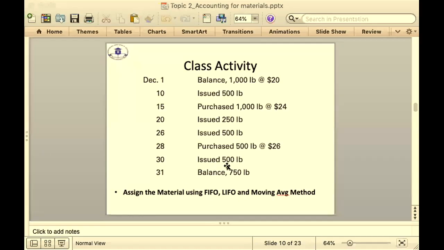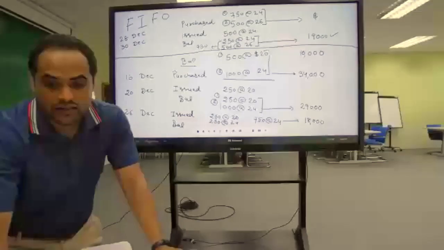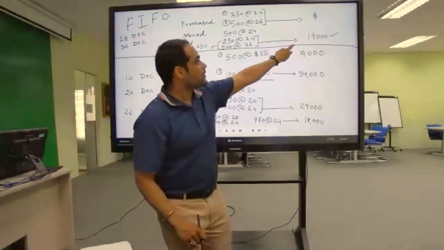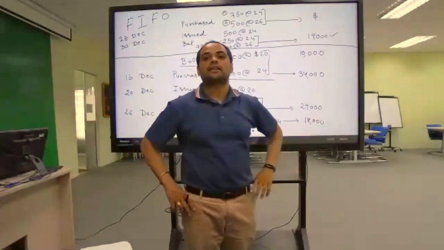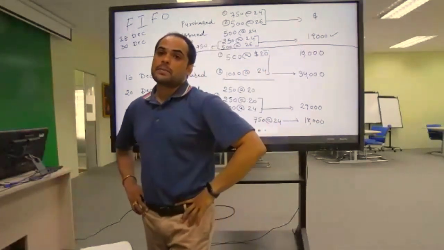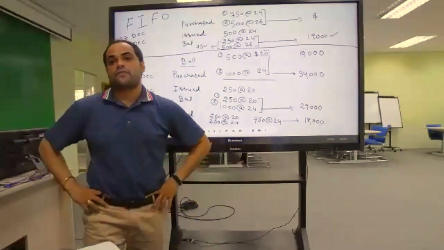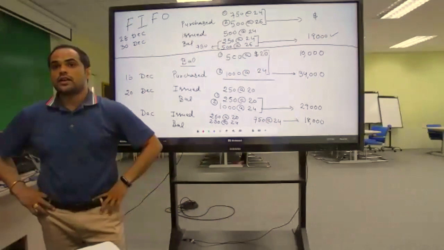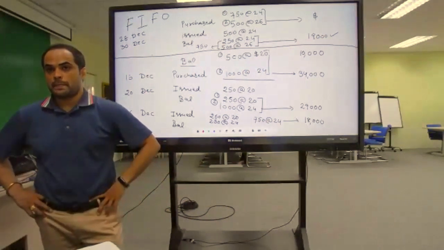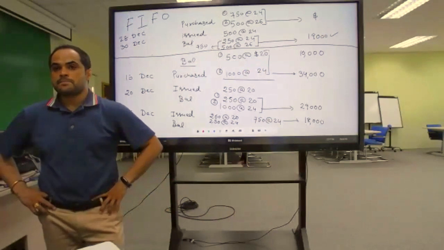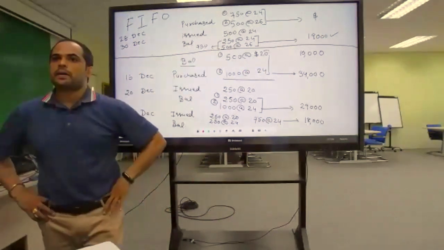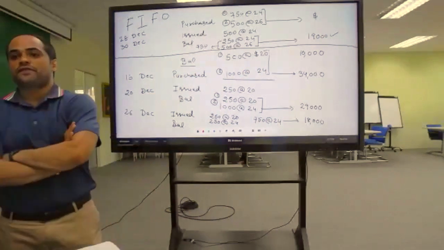According to the FIFO method, the value of this 750 will be 19,000. That's the idea behind your FIFO method. First in, first out. So do you have any questions about FIFO method? First in, first out.